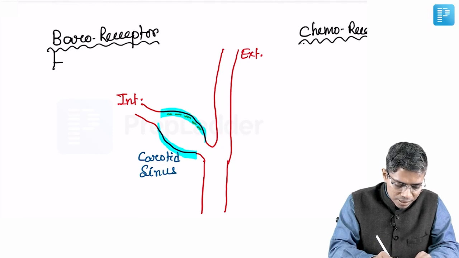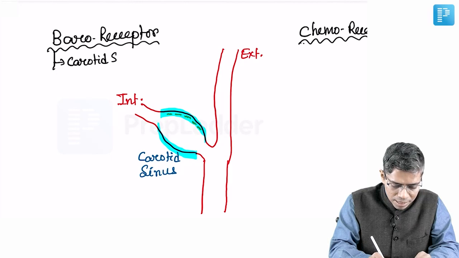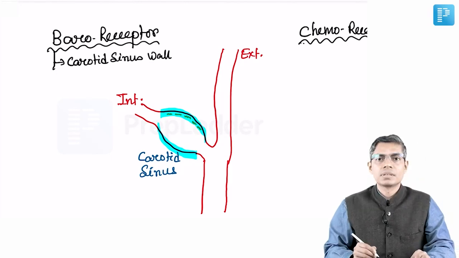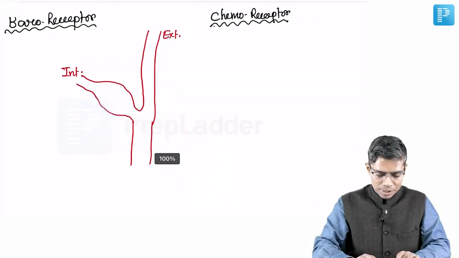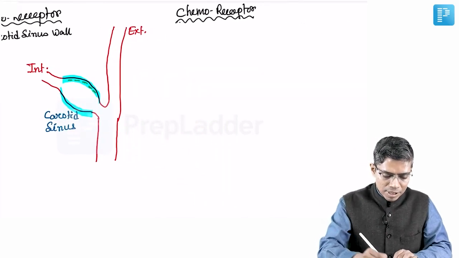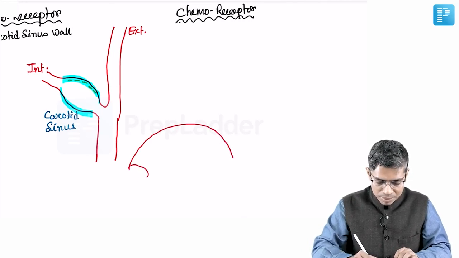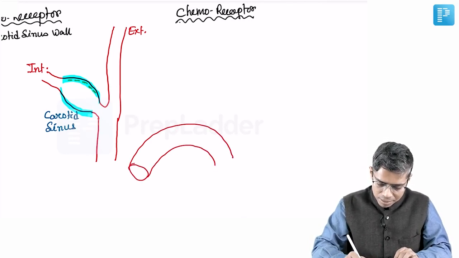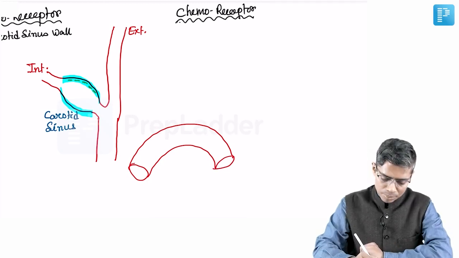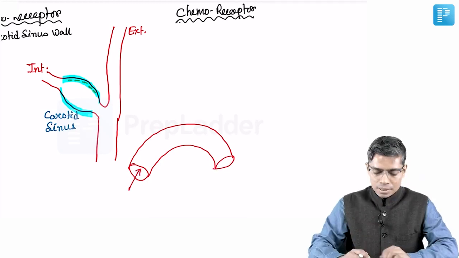So the first location I can write down here, where the baroreceptor is located: number 1, carotid sinus wall. Similarly, if you look at the level of the arch of aorta, so suppose this is the arch of aorta, schematic diagram. The blood is coming from this side.